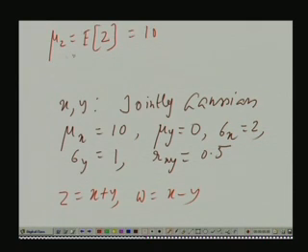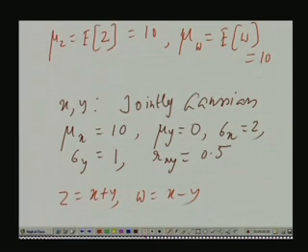Similarly, mu w is again 10 obviously, because E of x is 10 and E of y is 0, so 10 minus 0, 10.